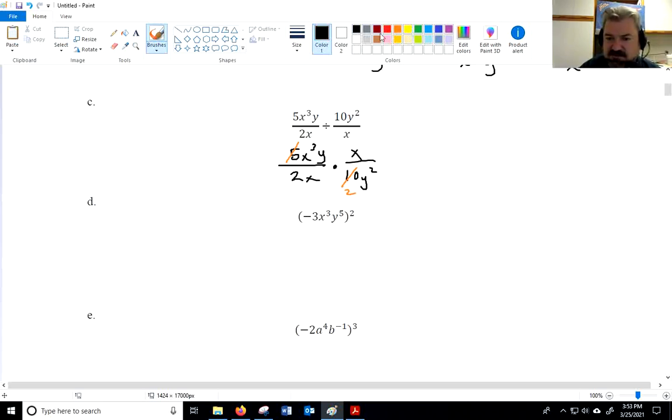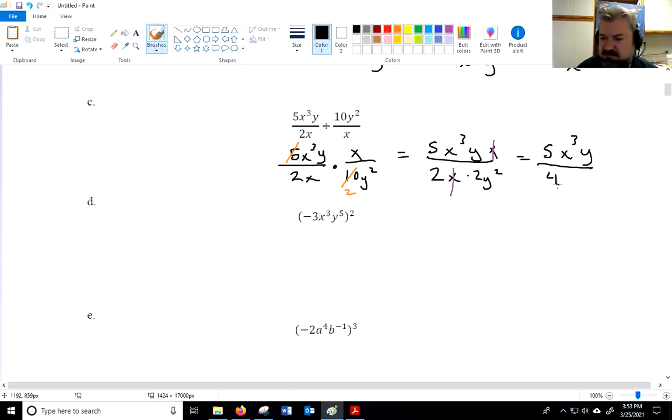And then I'll go ahead and just multiply out. 5x cubed yx over 2x times 2y squared. All right, I do have a perfect cancel here and here. So I'll do that. So this becomes 5x cubed y over 4y squared. And lastly, I've got 1 y on top that can cancel with 1 y on bottom, making it 5x cubed over 4y.